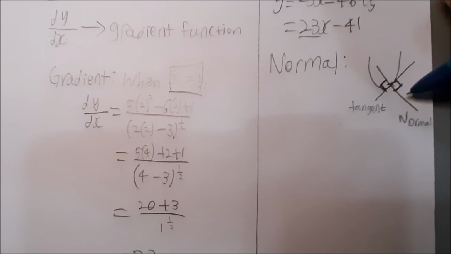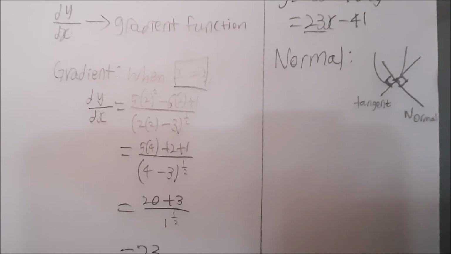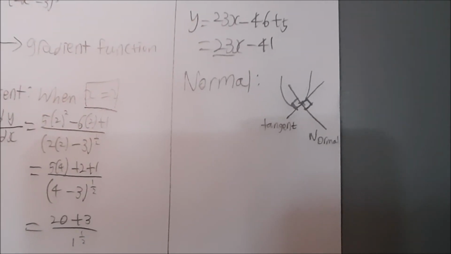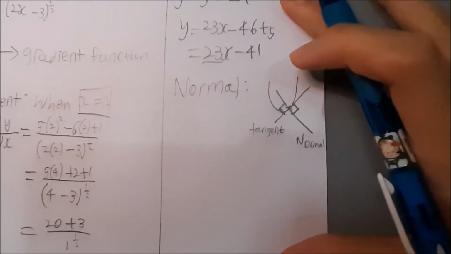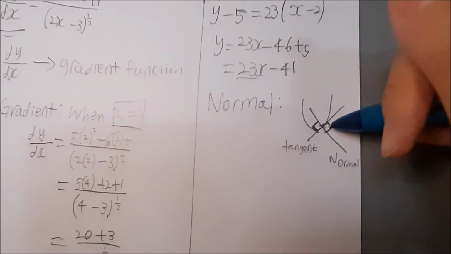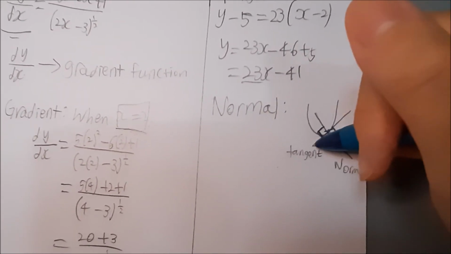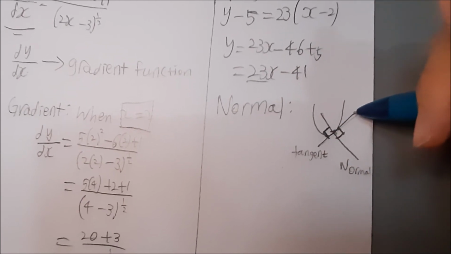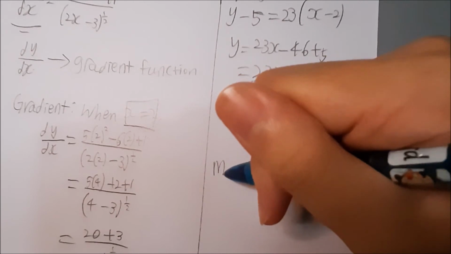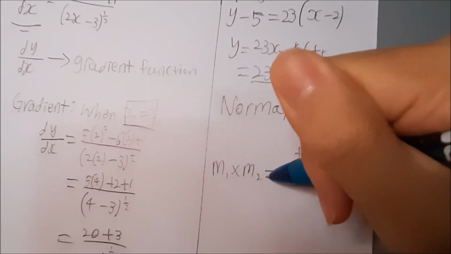So how do you get the equation of the normal? From this you can already see that the gradient of the normal would be perpendicular to the gradient of the tangent. So there's an equation for that, where m1 times m2 equals -1.